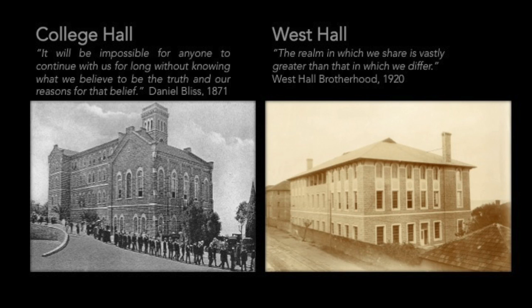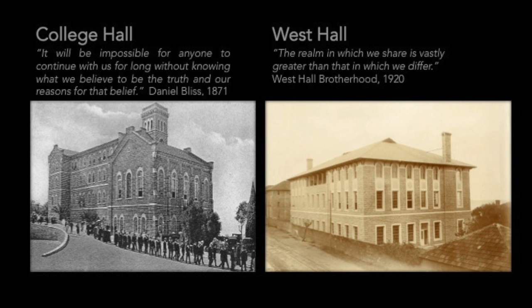In 1920, the West Hall Brotherhood was created to replace the Ottoman banned YMCA, so to promote this interreligious fellowship and cooperation. And the Brotherhood's motto, moreover, stood in stark contrast to the words associated with College Hall.